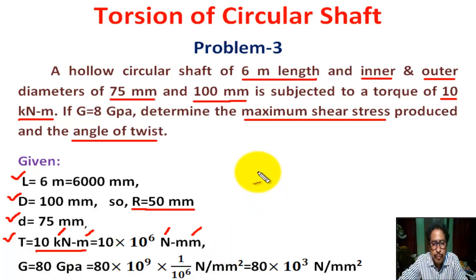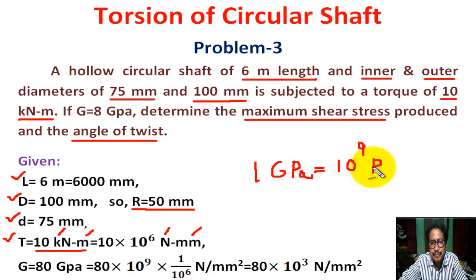We know 1 gigapascal equal to 10 to the power 9 Pascal. Again 1 Pascal, 1 Pa equal to 1 Newton per meter square.